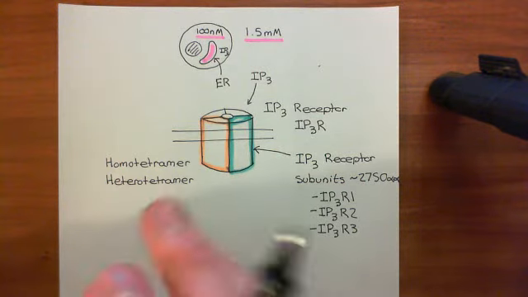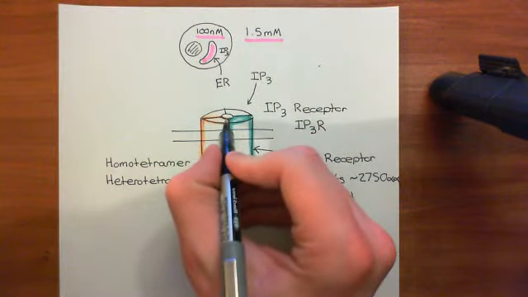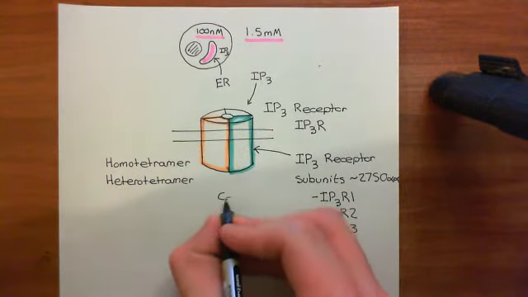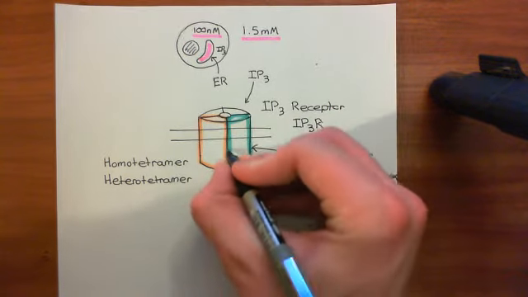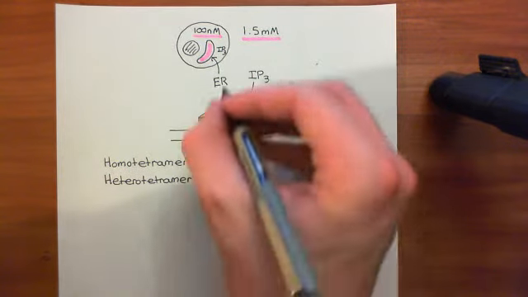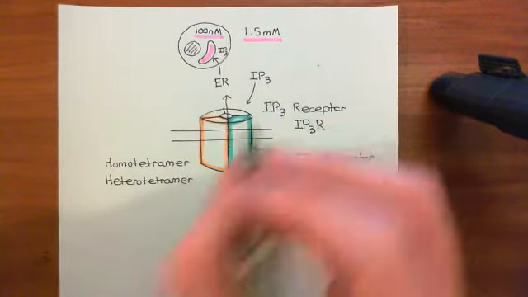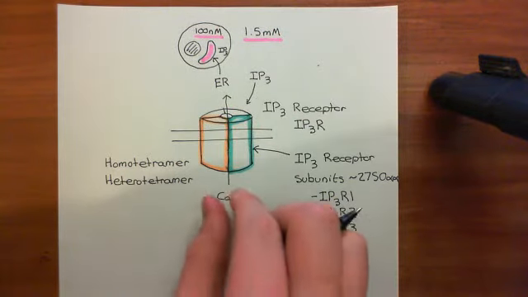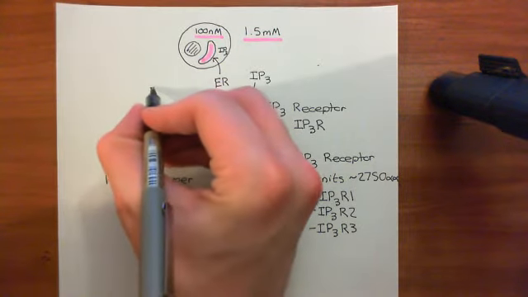So what will then happen is the IP3 receptor will open, the pore will open down the middle here, and calcium ions in the lumen of the endoplasmic reticulum can leave the lumen by going through the IP3 receptor channel pore. That means the calcium comes out of the endoplasmic reticulum and into the cytoplasm. So the calcium concentration in the cytoplasm is going to go up.